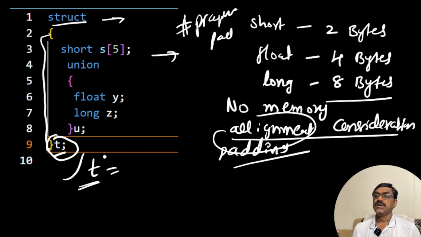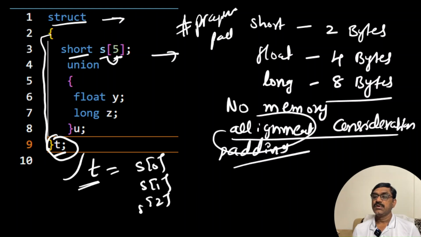That is the question. Now, how to find out how much memory is allocated to the variable t? Now, inside the structure, we have created a variable s[5], means it is an array s of 5. That means we have s[0], s[1], s[2], s[3], and s[4]. These are the 5 elements, right?